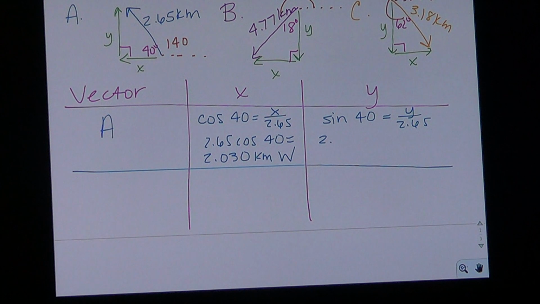So again, it will be 2.65, and this time times the sine of 40.